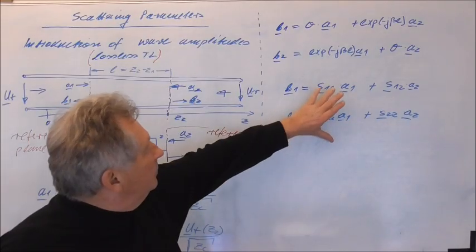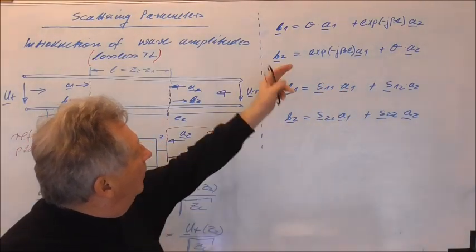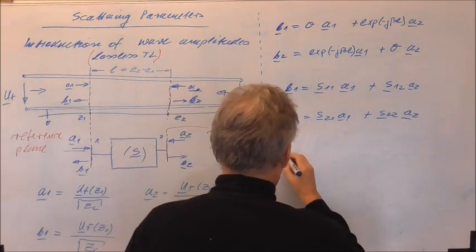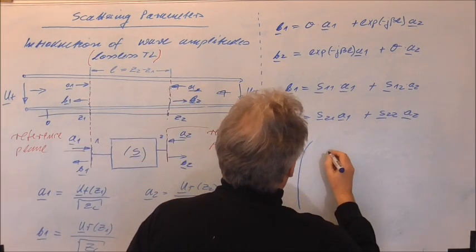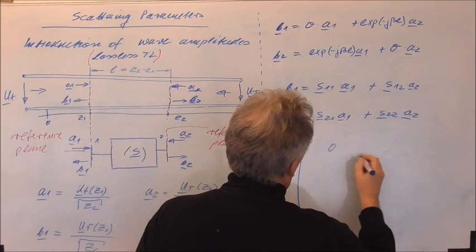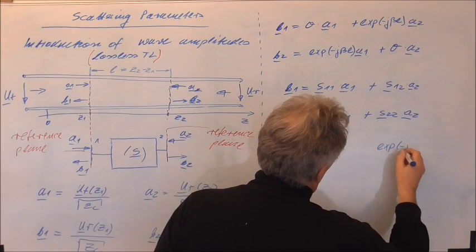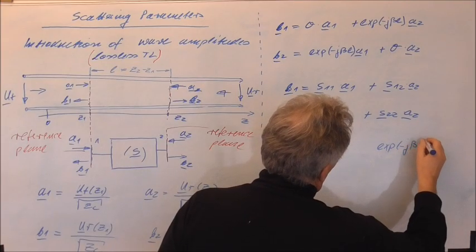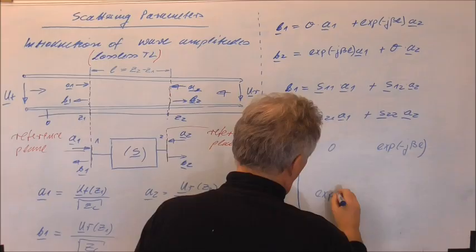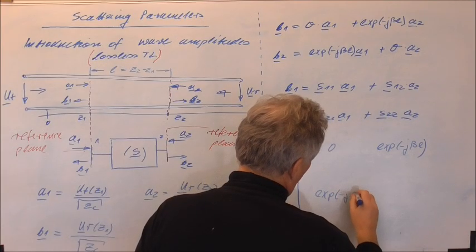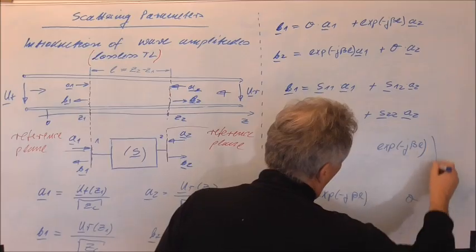And this is the scattering matrix of a two-port, and if I compare now the elements, we can say the overall matrix of a lossless transmission line is given by 0, the exponential function of minus j beta L, and here we have again the exponential function of minus j beta times L, and here again 0.